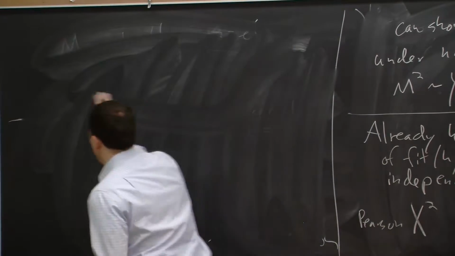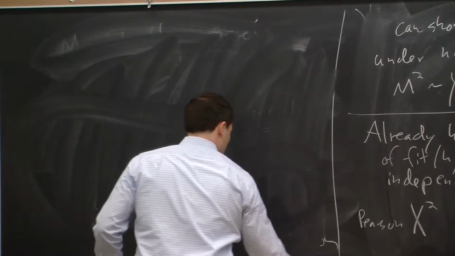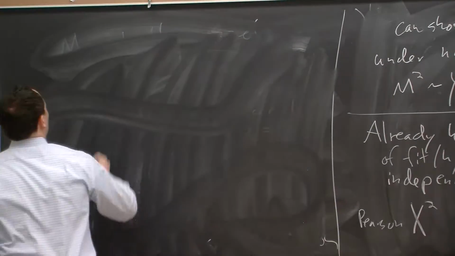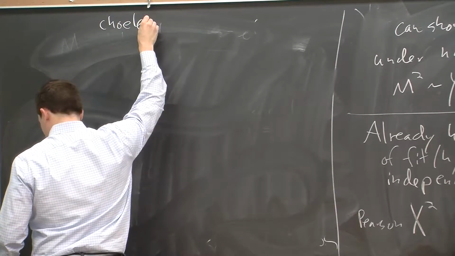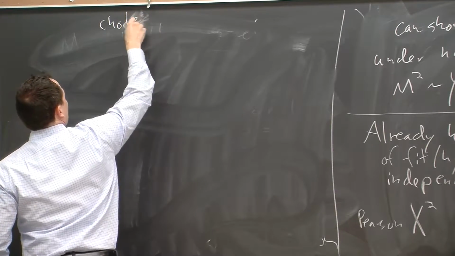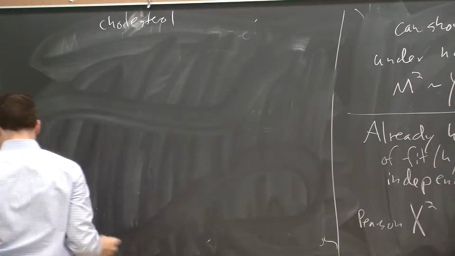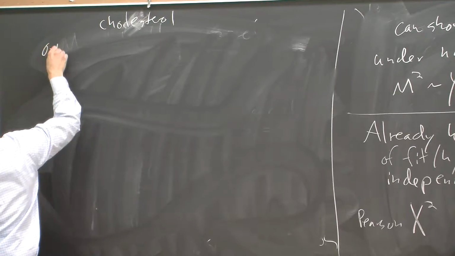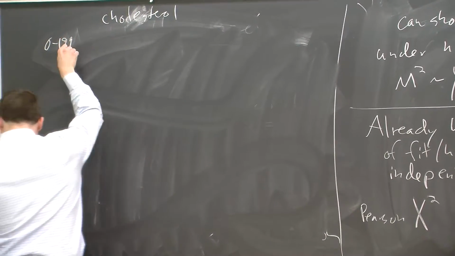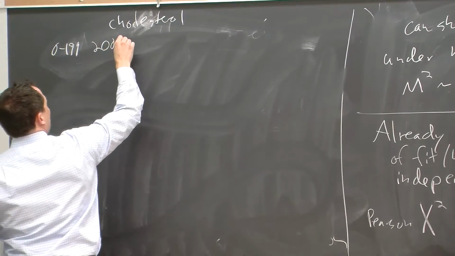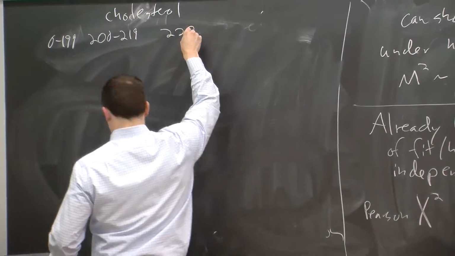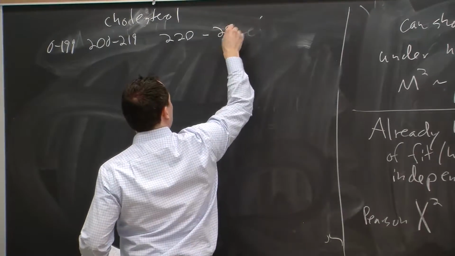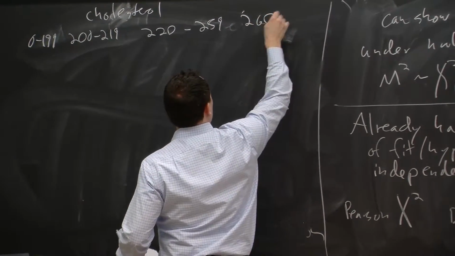So let me concretely look at the heart disease example and just go through the most common choices. So we had, again, 0 to 199, 200 to 219, 220 to 259, and 260 plus.